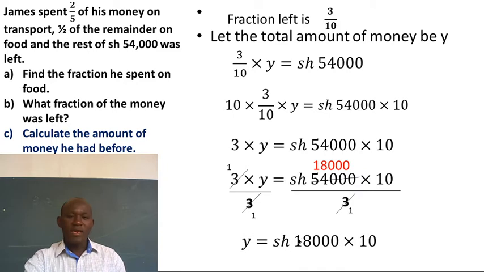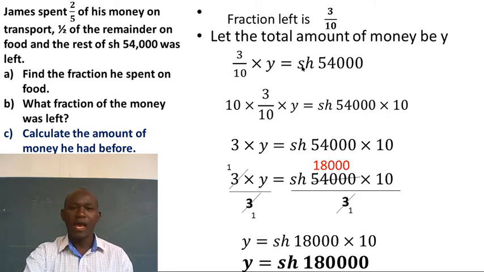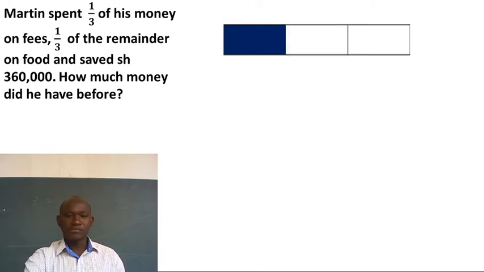I have 18,000 shillings times 10, which gives us 180,000 shillings. Now 180,000 shillings is the value of y, which is the total amount of money James had. So you can say James had 180,000 shillings. Let's look at the next question.